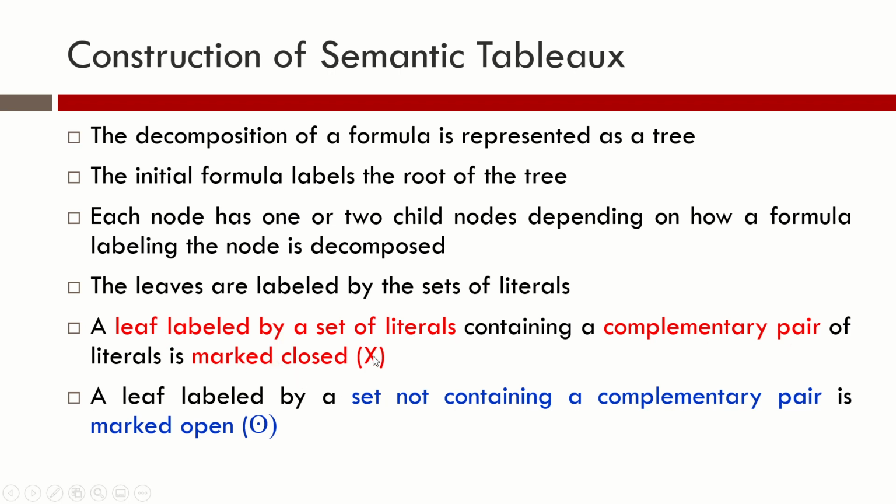We use the notation X, or cross, to mark a set closed. A leaf which is labeled by a set not containing a complementary pair of literals is marked open.